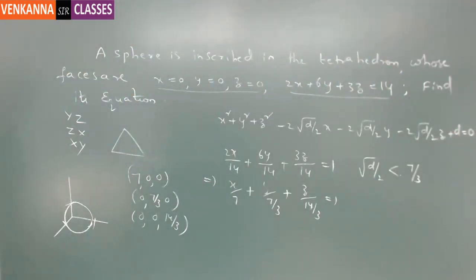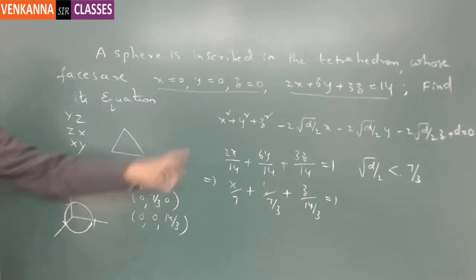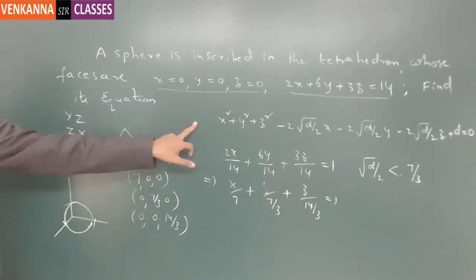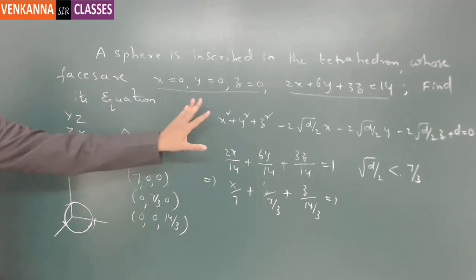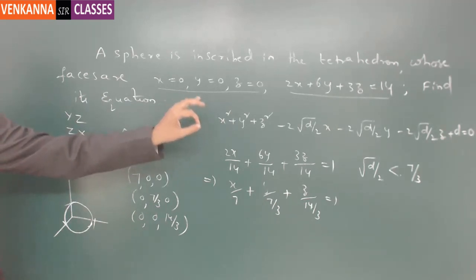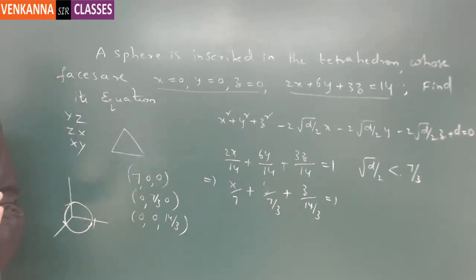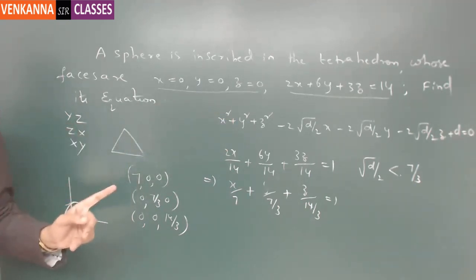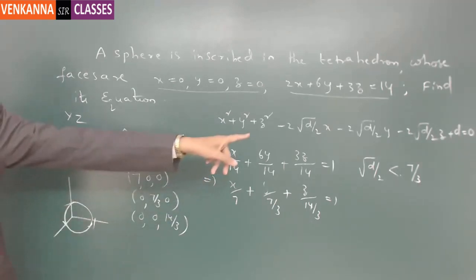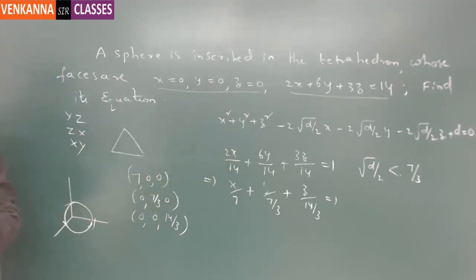So that was the class here. So this is our required equation of the sphere. If you are able to determine what is d, then you are done. And I have specified a condition that root d by 2 must be less than 7 by 3. Why?